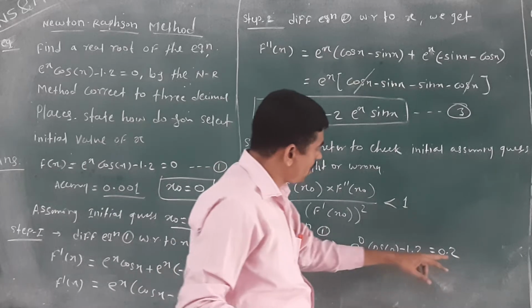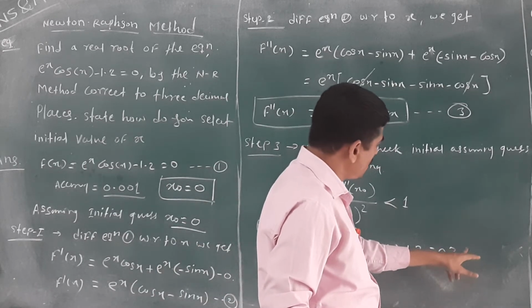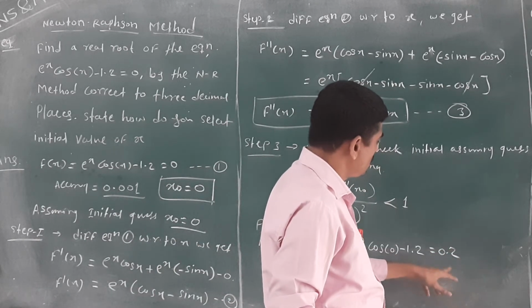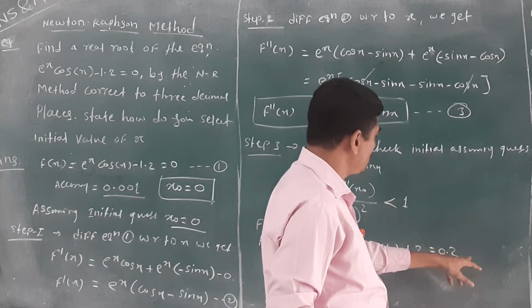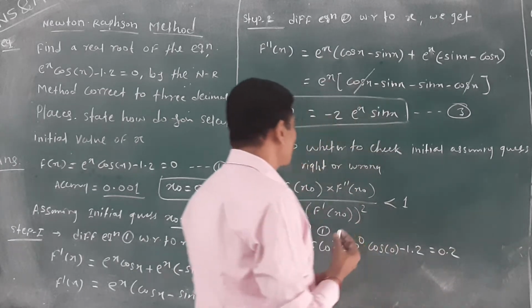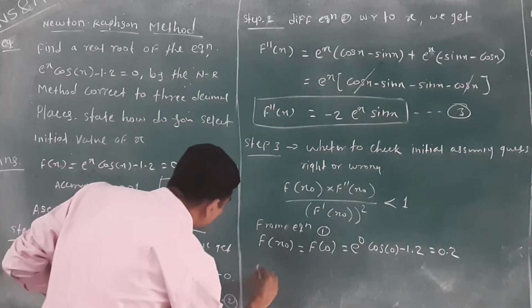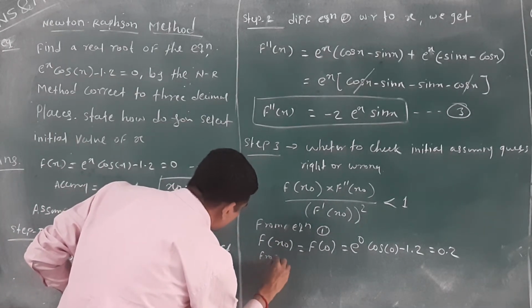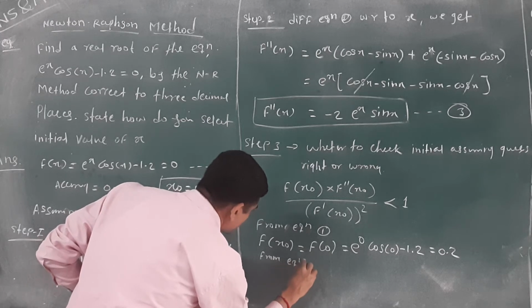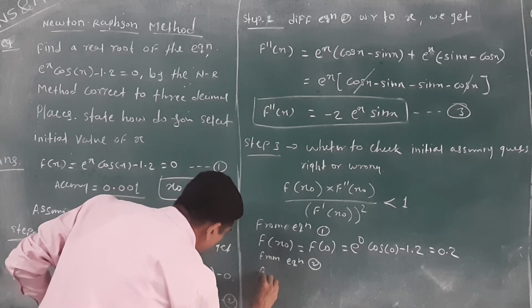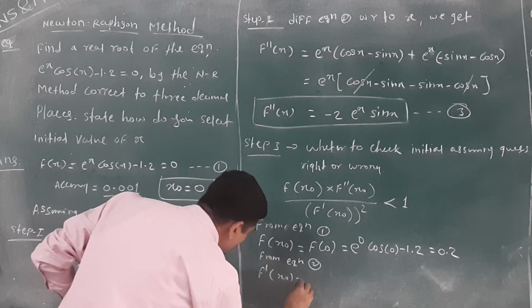Sometimes in books it is written 0.2, or even 0.2000. The meaning is the same, but they take the value up to 3 decimals, or more, 4 or 5 decimals. Then from equation 2 we get f dash of x0.